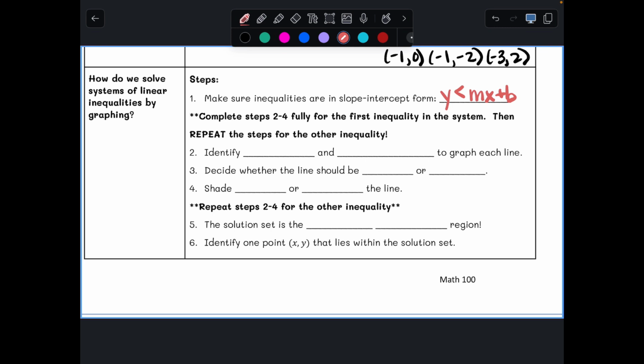So first you're going to identify slope and the y-intercept to graph each line. Decide whether the line should be dotted or solid. And decide if you're going to shade up or shade down, above or below the line.